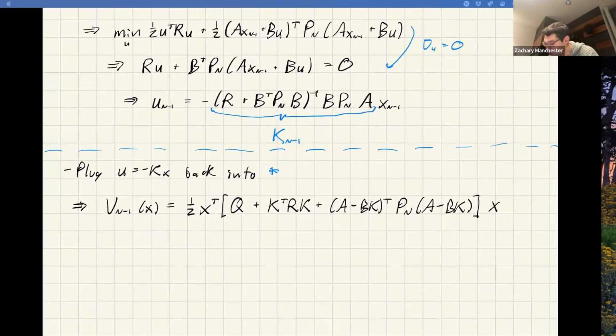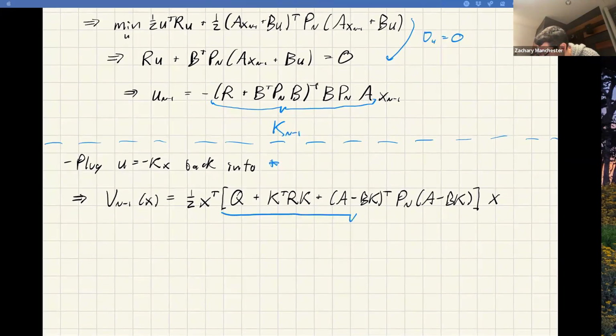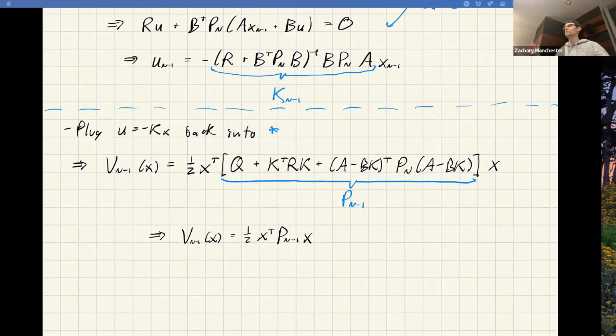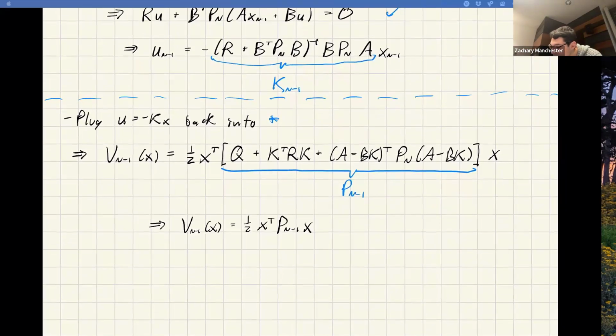And now, what do you think we call the matrix in the bracket? P_{n-1}. And now we have a recursion because we have V_{n-1} of x equals 1/2 x transpose P_{n-1} x, and it looks exactly the same as where we started, where we had P_n. So now we can keep this going backward in time until we get to the beginning, or until we converge to steady state if it's infinite horizon, or whatever you want.